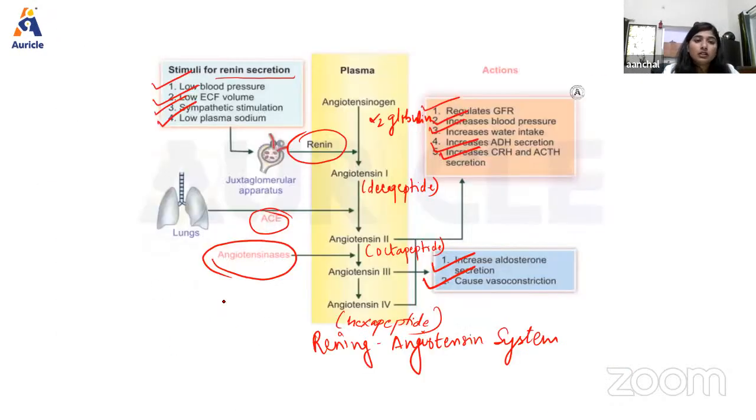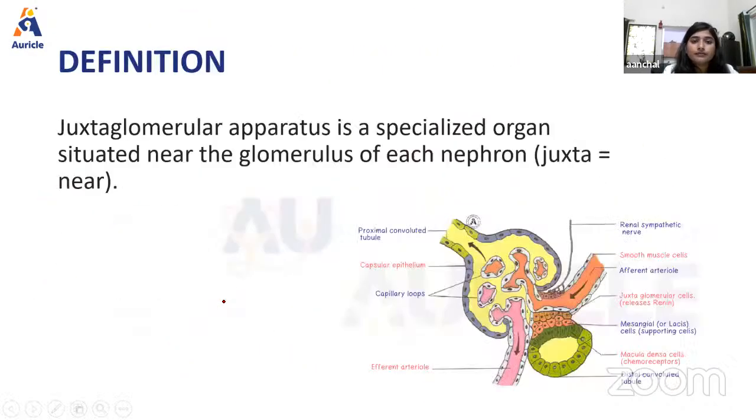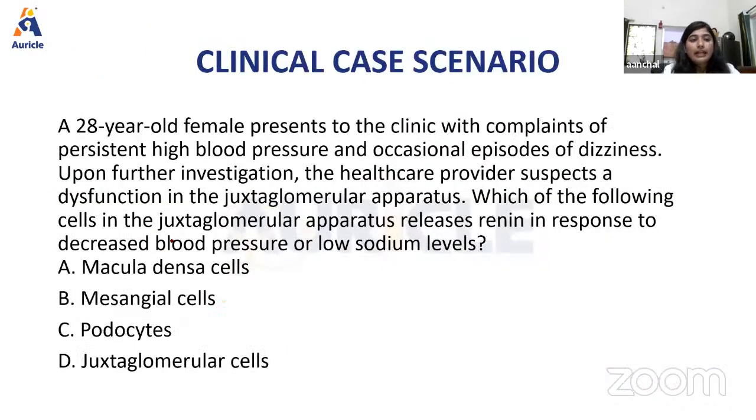Okay, back to the clinical case. A 28-year-old female presents to the clinic with complaint of persistent high blood pressure and occasional episodes of dizziness. Upon further investigation, the healthcare provider suspects a dysfunction in the JG apparatus. Which of the following cells in the JG apparatus releases renin in response to decreased blood pressure or low sodium level?